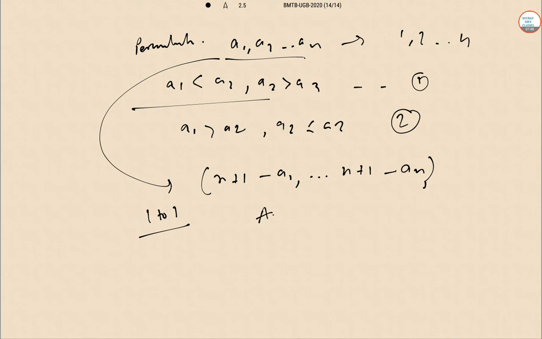Now let an denote the number of cases in 1. So 2an is the number of alternating permutations we have, just the double.